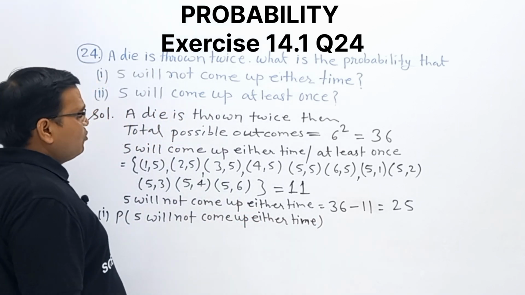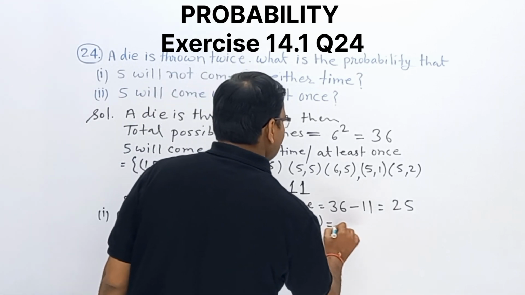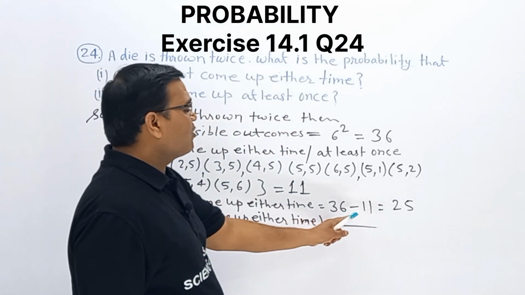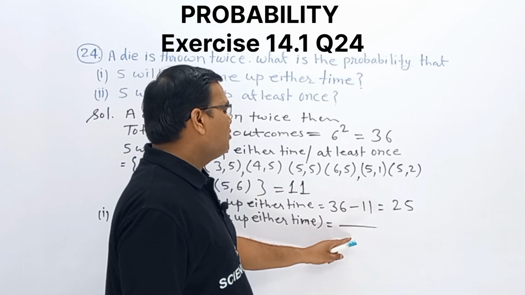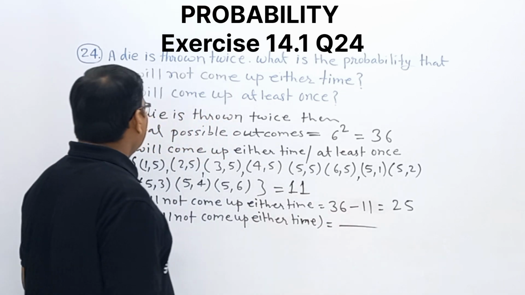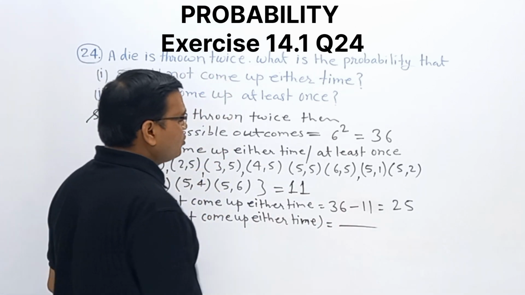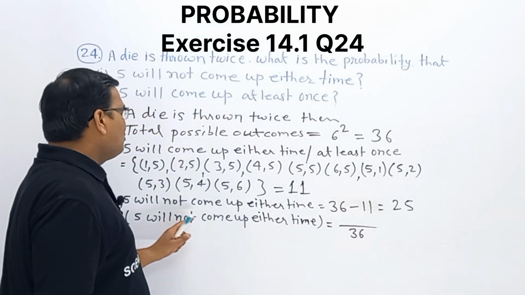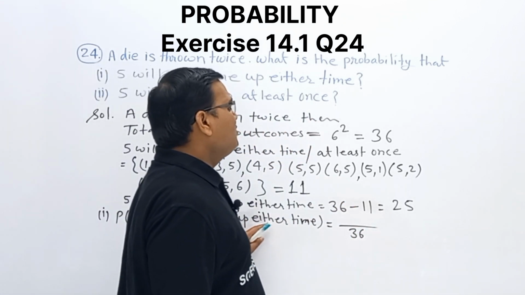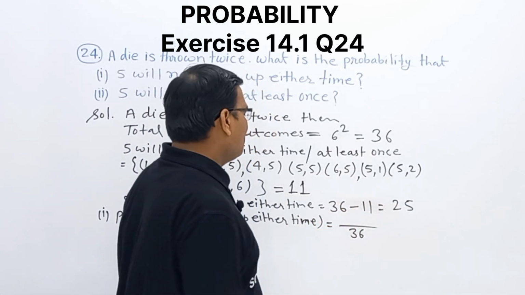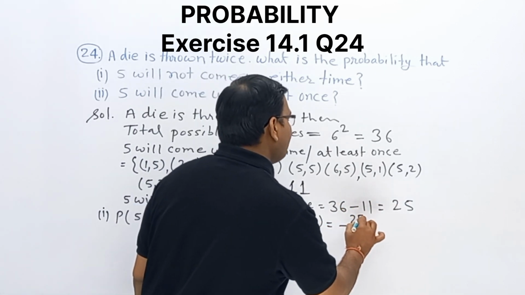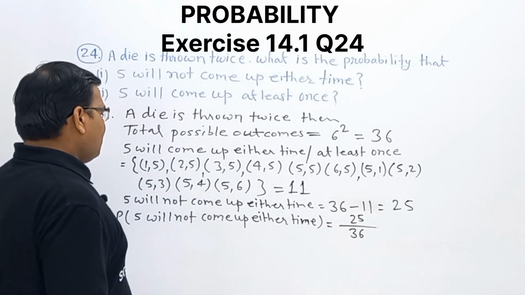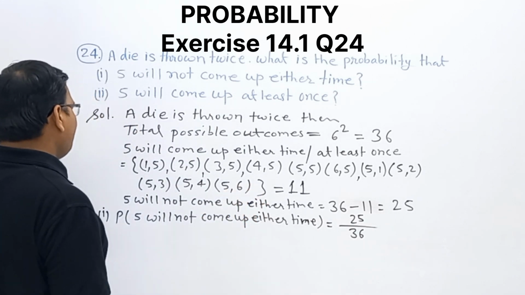Once a die is thrown twice, the formula of probability of an event equals the number of favorable outcomes divided by total possible outcomes. Total possible outcomes we are getting 36. 5 will not come up either time, we are getting 25 times. Clear? So this is the required probability for this one.